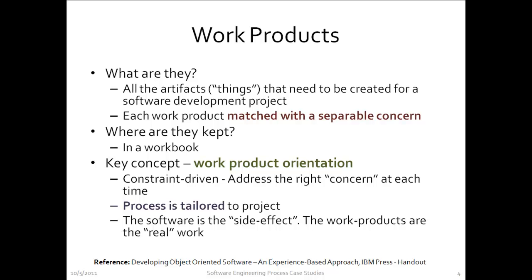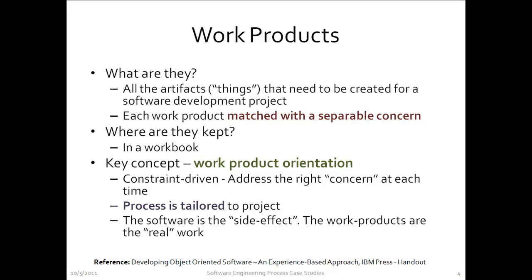In other words, at the start of the project, the right thing to generate would be the requirements work products. Therefore, they will be generated. And that will prevent somebody from jumping directly into coding. This allows the process of software development to be tailored to the project. In other words, there is no standard process that you follow for doing the project.